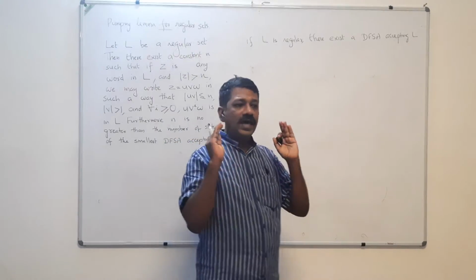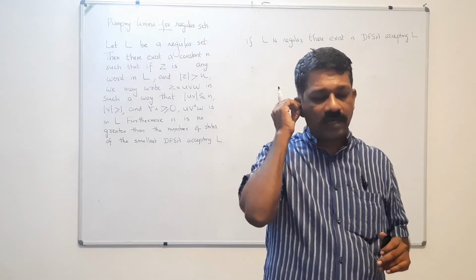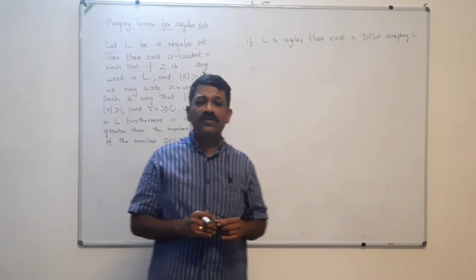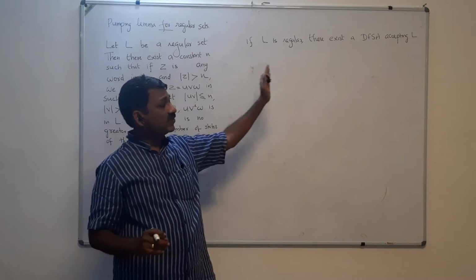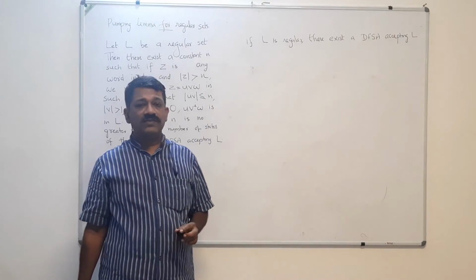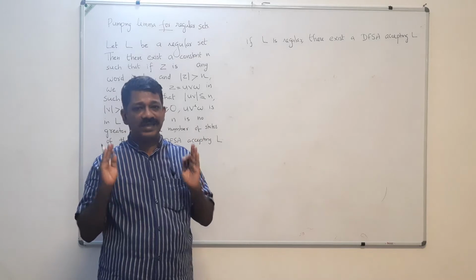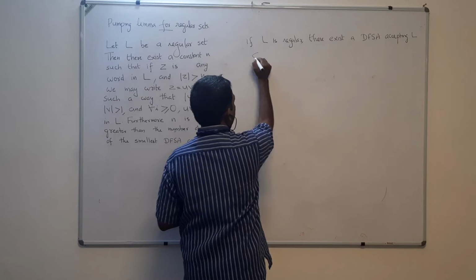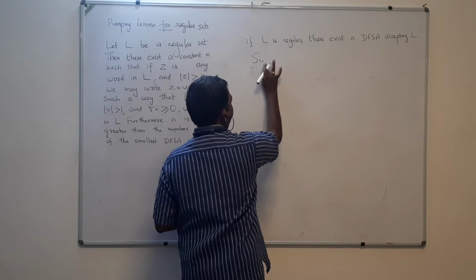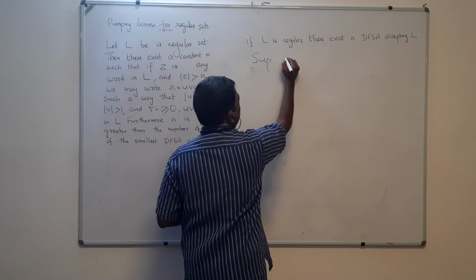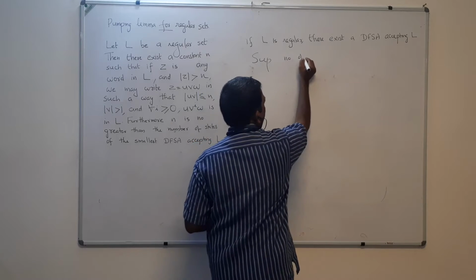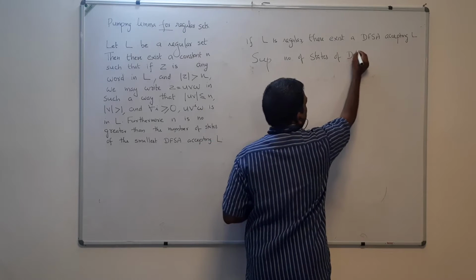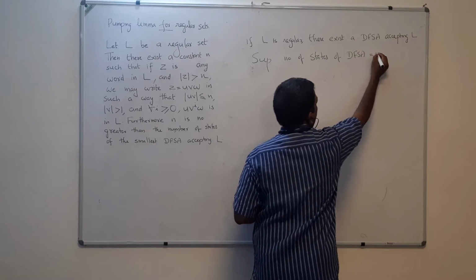That means that deterministic finite state automaton has a finite number of states. Suppose that the number of states of that deterministic finite automaton is equal to n.